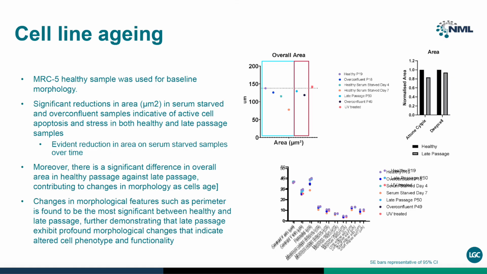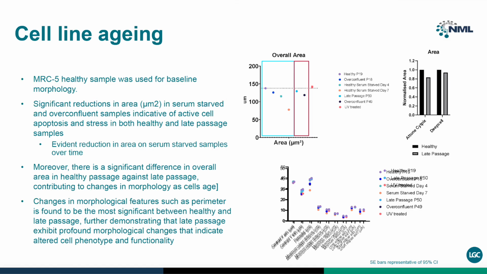So again, using MRC5 as a healthy sample and baseline morphology, we were able to see significant reductions in area, also within the serum starved and also over confluent samples, that could be indicative of active cell apoptosis and stress in both healthy, but also within the late passage samples. There's also a significant difference in overall area in healthy versus late passage, contributing to changes in morphology as the cells age.